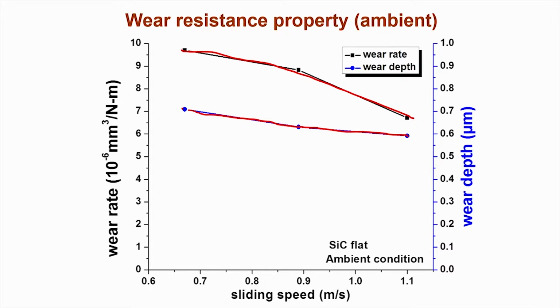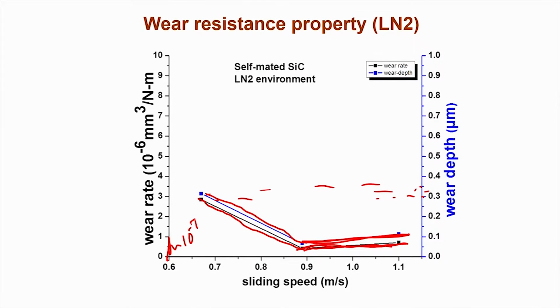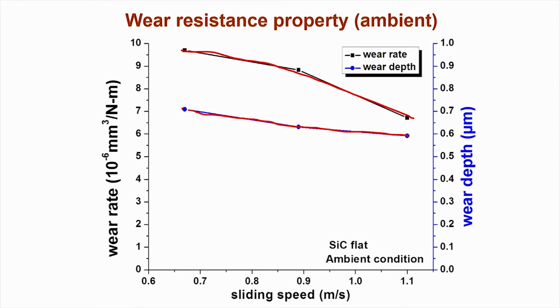So, there is a very clear signature that wear resistance, as a combination of wear rate and wear depth, is much improved in liquid nitrogen sliding conditions compared to that under ambient condition.